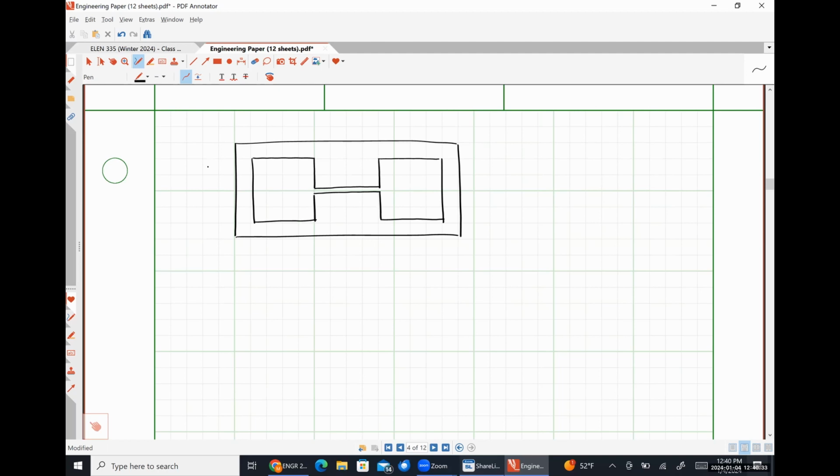Let's see, our coil is over here, and our coil has 100 turns. This distance is 5 centimeters. This distance is 15 centimeters. This distance is 10 centimeters, so this is very obviously not drawn to scale.